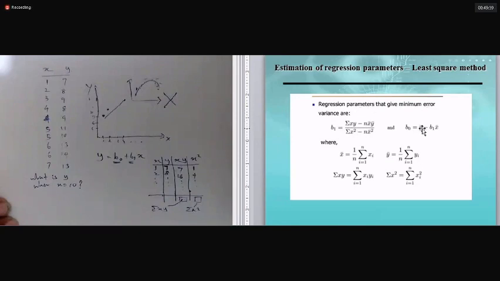What I want you to do now is complete this table first. Please complete this table. Then we can find this B1 and B naught value, and we can substitute values here and estimate the equation. Now quickly complete this table, then we will go ahead.